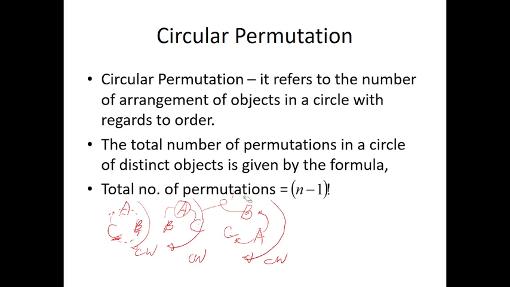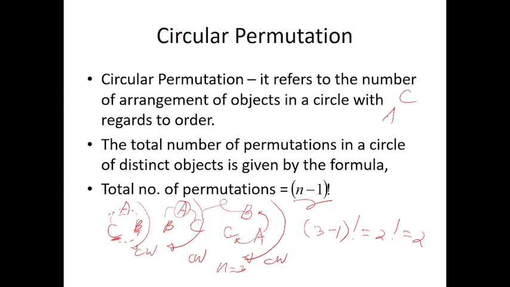Kaya, ang sagot niyan ay n is 3. Meron tayong 3 objects. 3 minus 1 factorial. So, that is 2 factorial. 2 ang sagot. Dalawang pattern. No? ABC, ACB. Wala na. No? Let's say ganito.